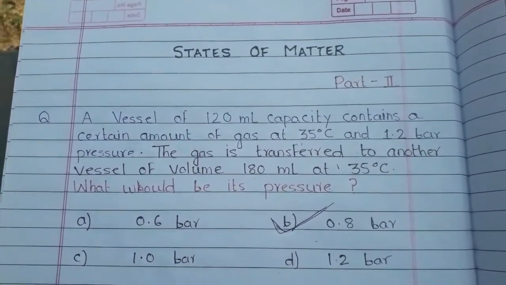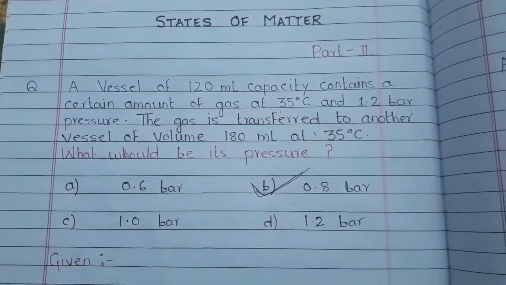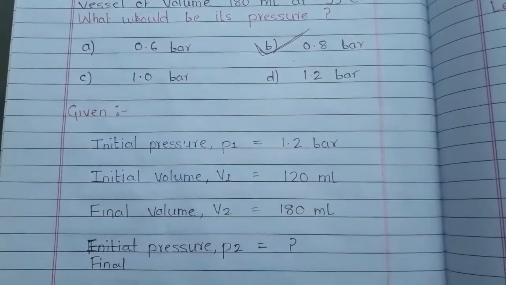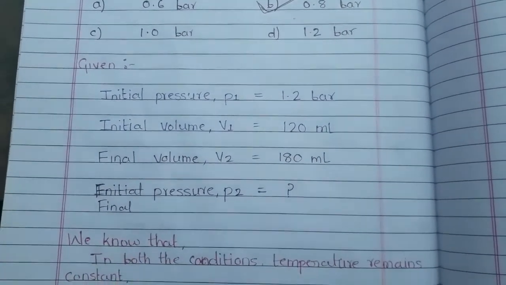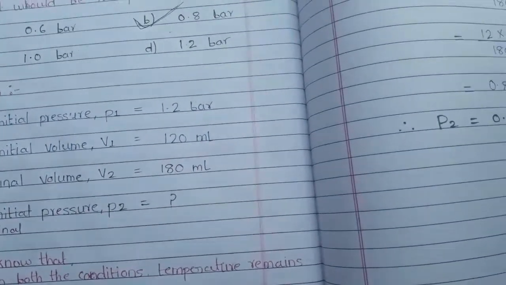I hope you have understood the whole concept after watching this session, and I hope you have found this video useful for writing descriptive type examinations. By following each step, you can get full marks during the examination.